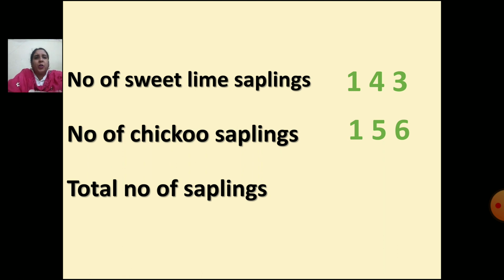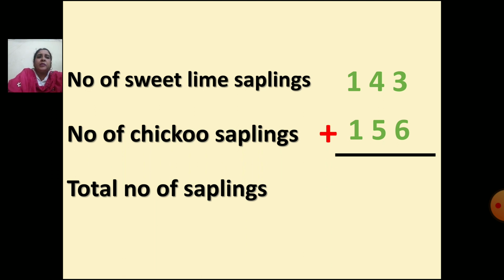When the word total comes, then which operation we use? Addition. So what you will do? You will put the sign of plus, you will put one line, and now you are going to add from units place. Units, tens, hundred. You know how we do addition, right? Now let us add units place numbers.